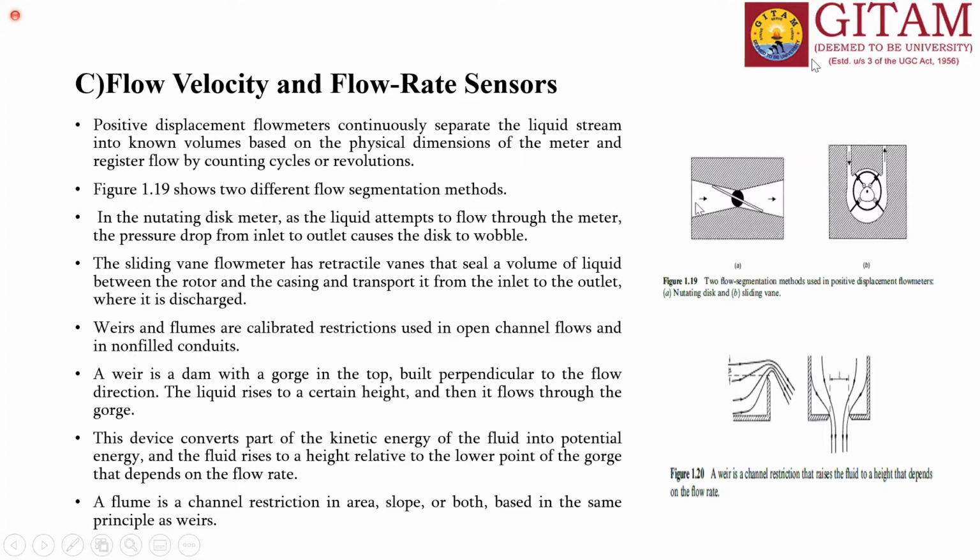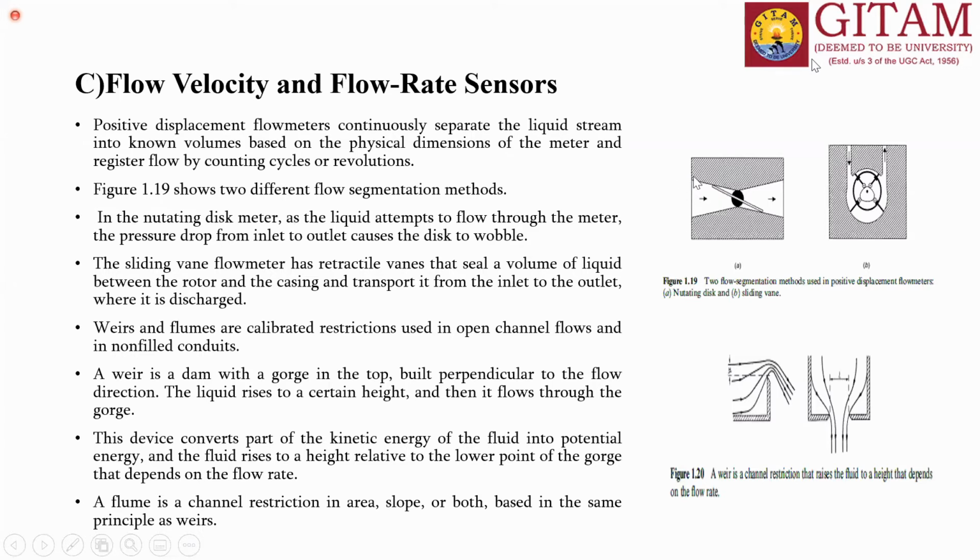When the flow is able to create pressure to open this disc, and the liquid is able to come out of this outlet, this disc will rotate. Depending on the rotations, we can estimate the flow rate.